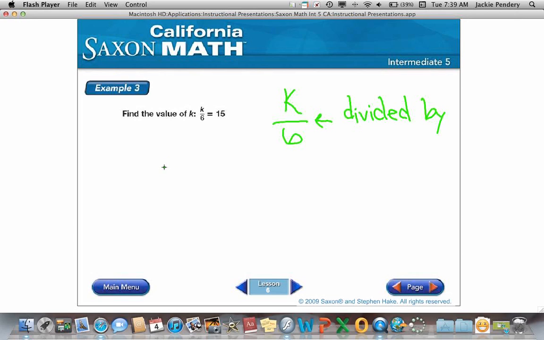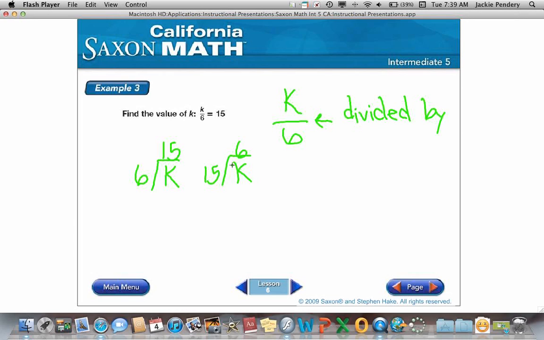So we can rewrite this problem saying K divided by 6 equals 15, or K divided by 15 equals 6. However, neither one of these can I solve. I'm looking for the answer.